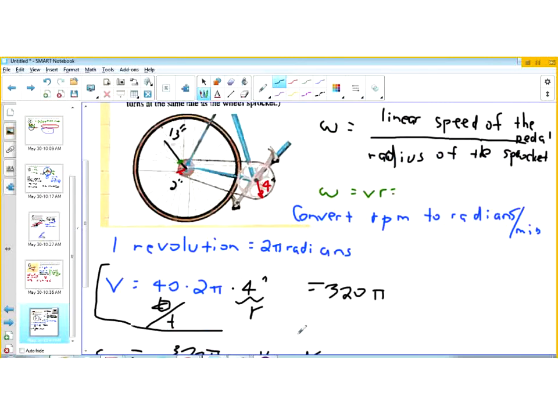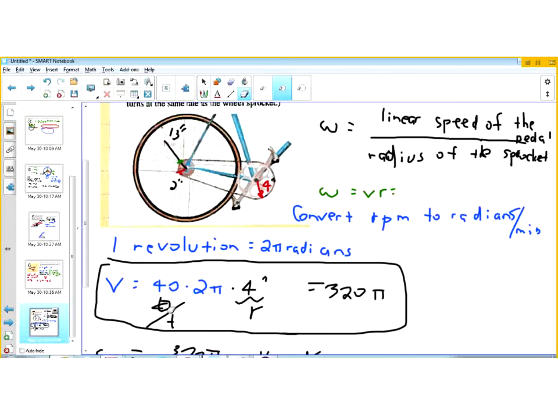So this is the trick in determining what V is. V is determined by the pedal sprocket radius. The pedal sprocket radius determines your linear velocity.